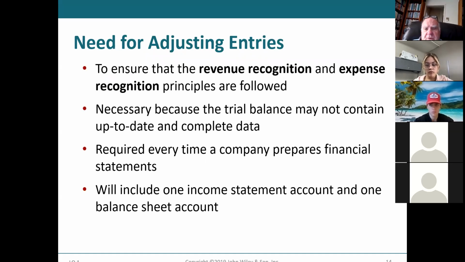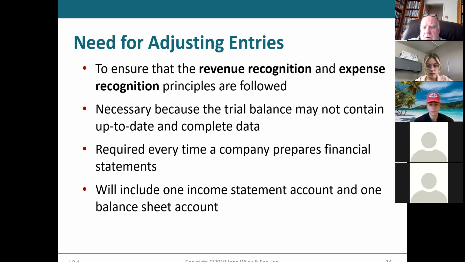To ensure that revenue recognition and expense recognition principles are followed, we need to prepare what are called adjusting journal entries. They're necessary because the trial balance may not contain up-to-date and complete information. The trial balance that comes out at the end of the month, by definition, is wrong.